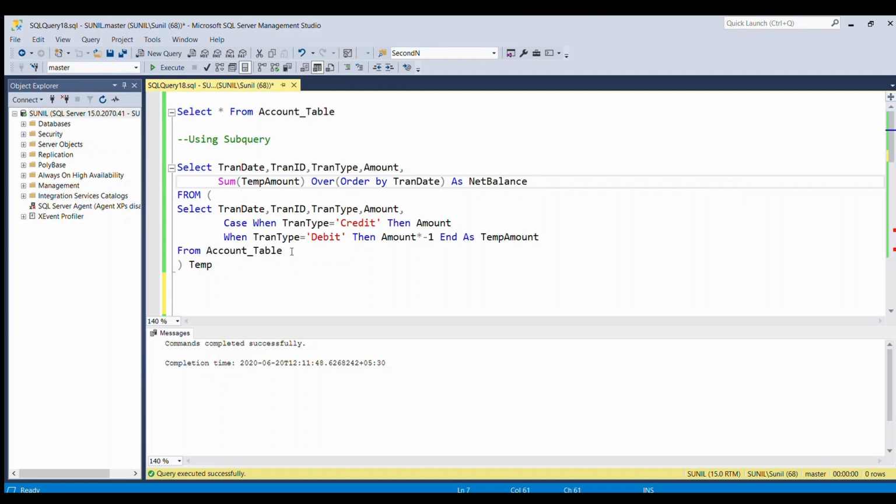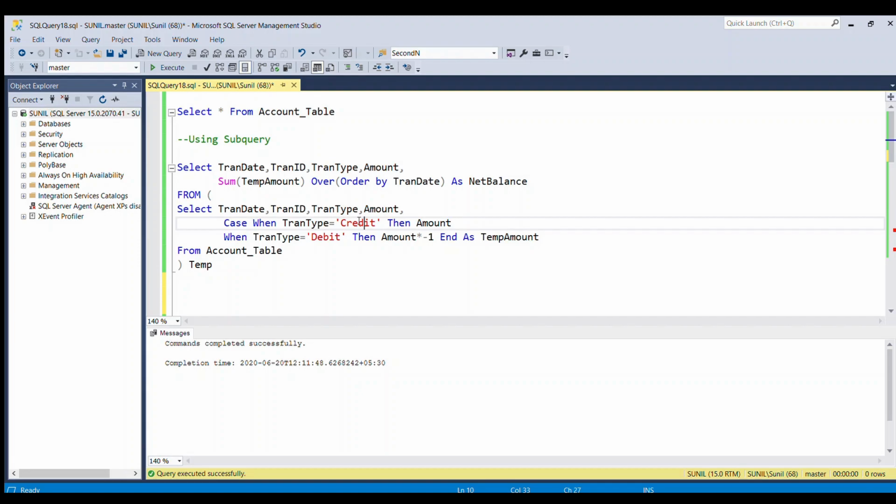So first we will see the subquery part. What I'm doing over here, I'm selecting transaction date, transaction ID, transaction type, amount, and then I'm deriving a temporary amount where I'm converting the amount to negative wherever the transaction type is equal to debit, and I'm leaving the amount as it is wherever the transaction type is equal to credit.